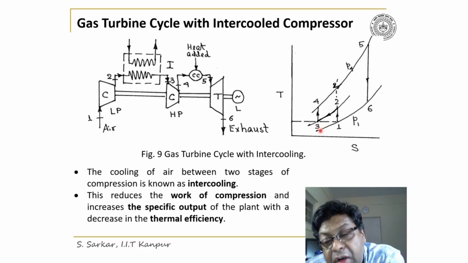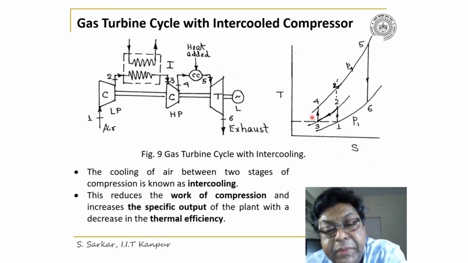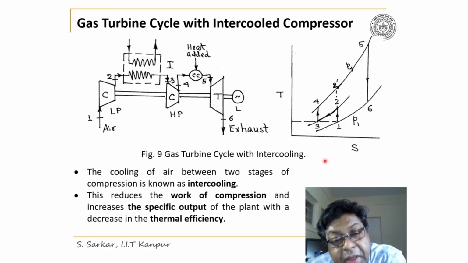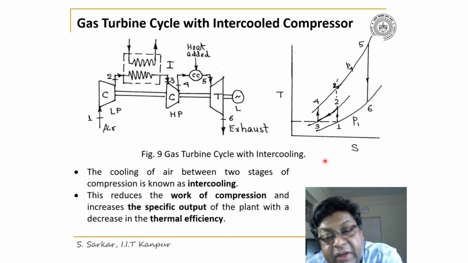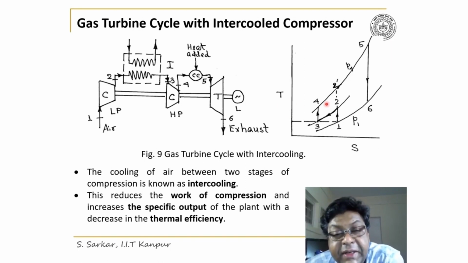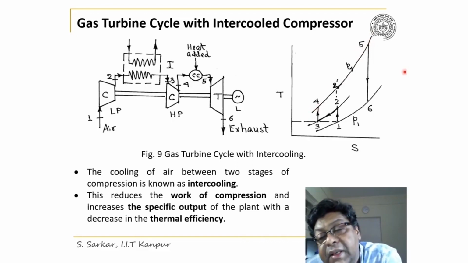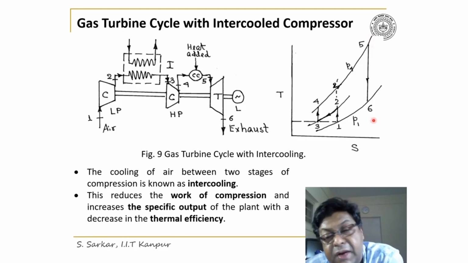So now we have assumed T3 should be equal to T1, and then again it's compressed in the HP compressor and then heated in the combustion chamber at constant pressure. Heat addition is 4-5, and then it is expanded in the turbine to produce work output.